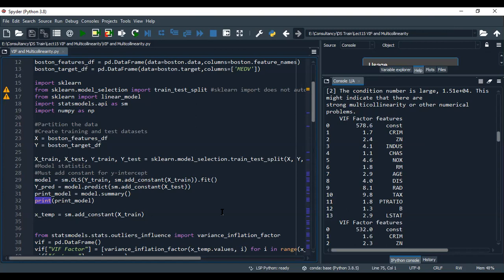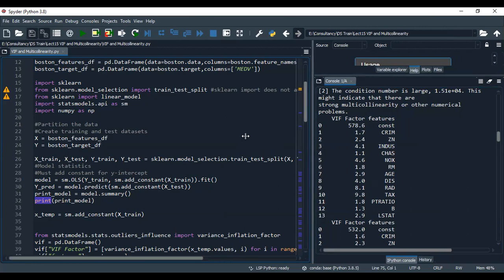When it is fitting the model, it is computing all the necessary calculations, such as the regression lines, etc. Next is model.predict with sm.add_constant of X test, that is the testing data, so you will get the predicted values. Now print model.summary. This model.summary gives you the statistical analysis results.